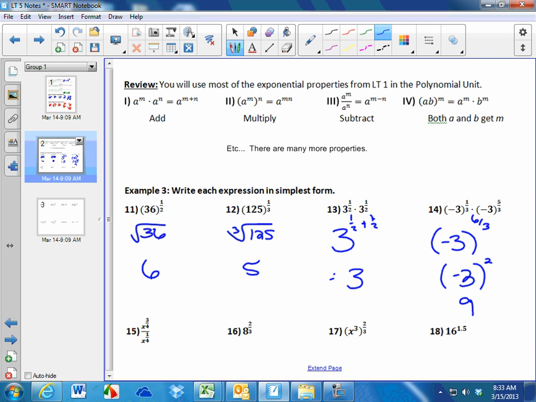Okay? So I'm going to go back to number 11 and 12 just for a second. If those were exponents, we could have done this without ever using radicals. That's 36, which is really 6 squared to the 1/2. And when you have a power to a power, what's the rule? You multiply.